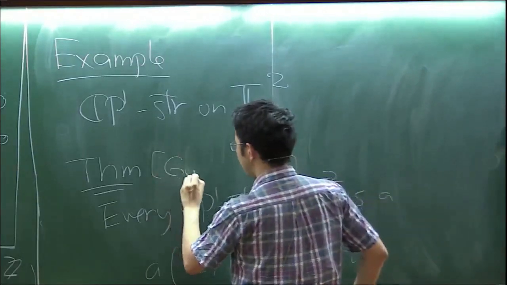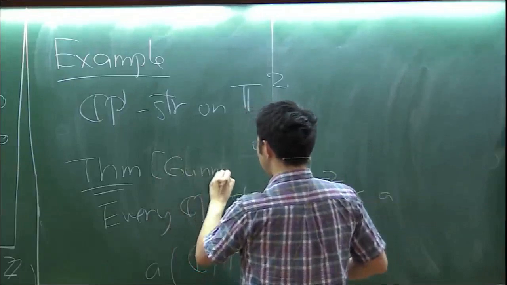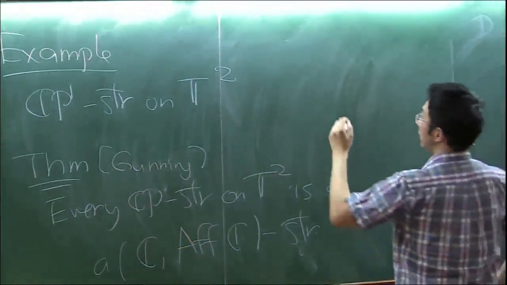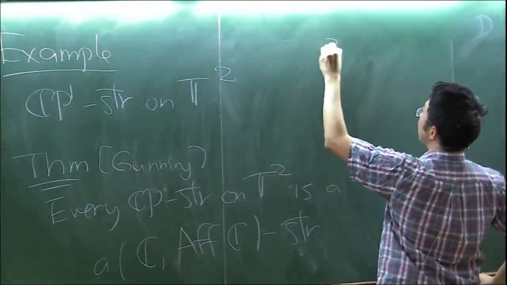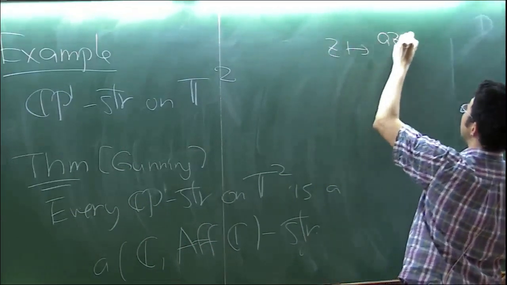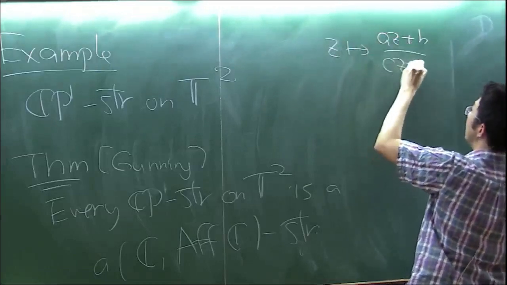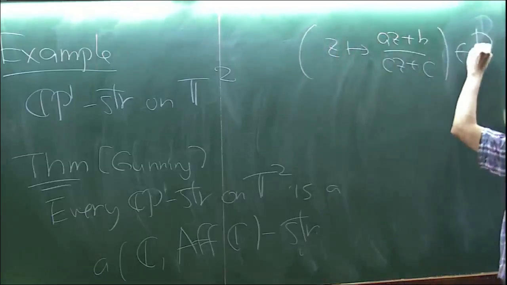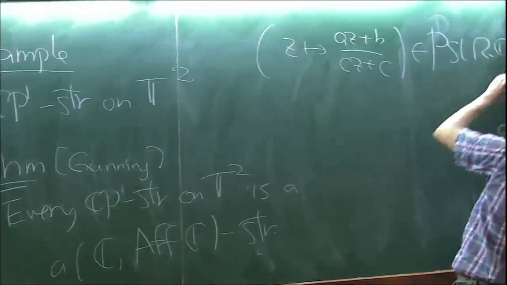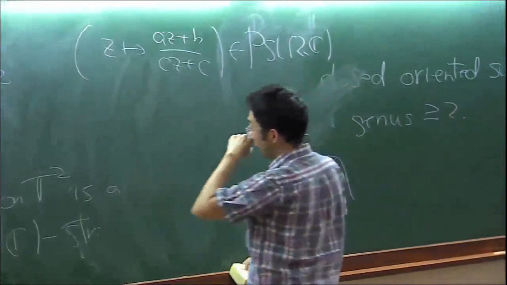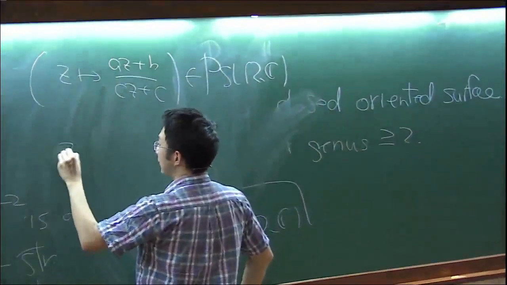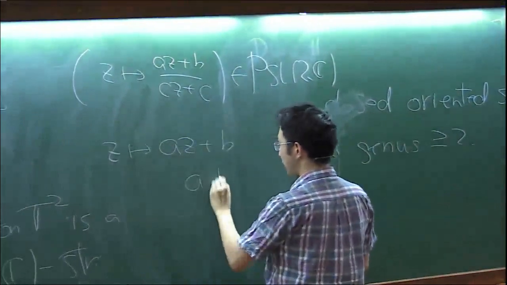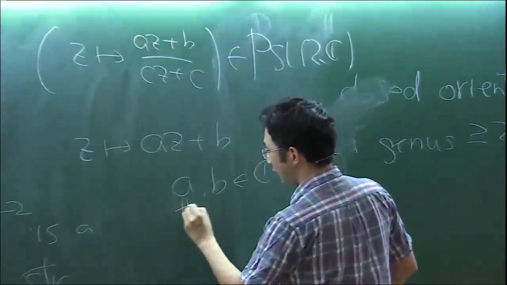This is due to Gunning. Instead of looking at all the linear fractional transformations of this form, which are elements of PSL2C acting on CP1, we just look at the affine transformations, z goes to az plus b, where a and b are complex numbers and a is not 0.